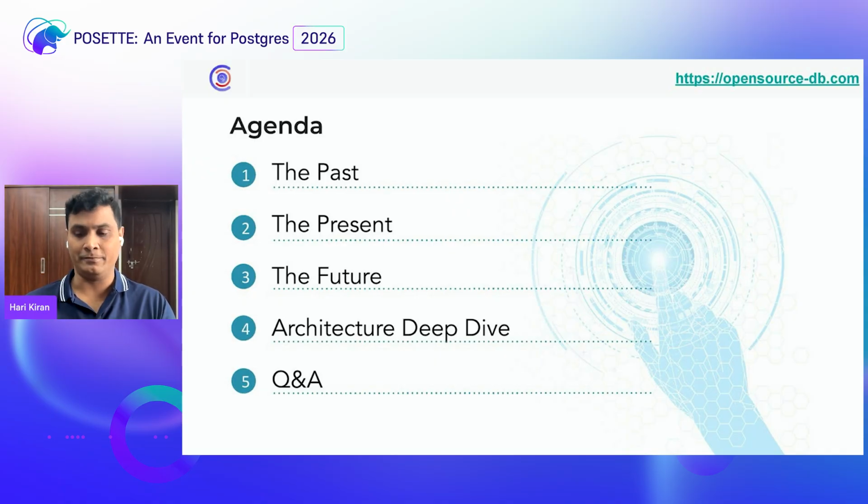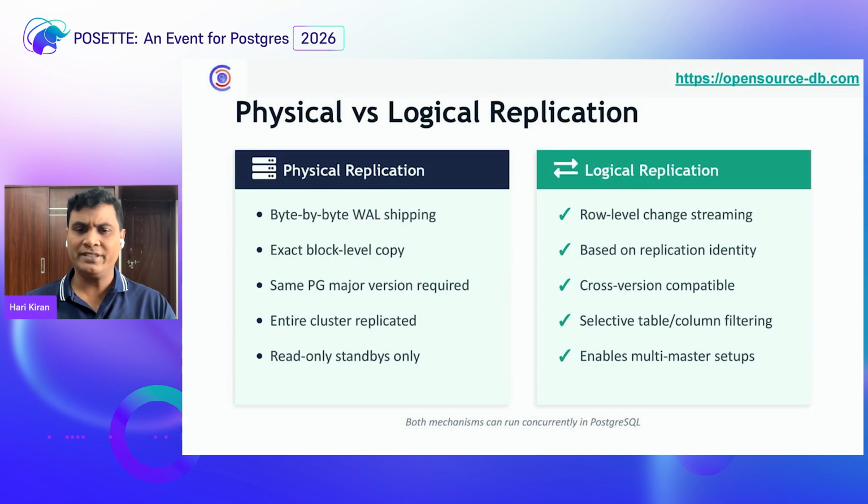Let's get started. You would have seen physical and logical replication. Before we dive into the history, let's make sure we are all on the same page with respect to the replication topologies and the architecture: what logical replication actually is, and how it differs from physical replication.